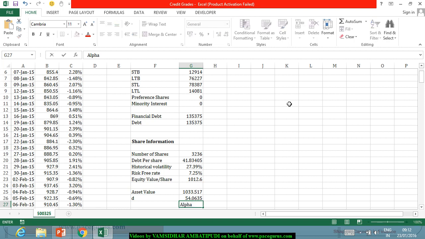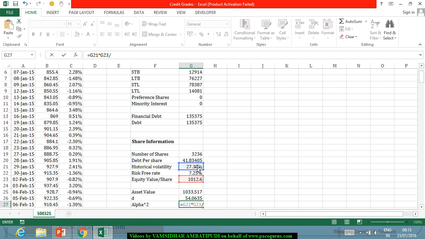Right, let's find out alpha squared as well, which comes out as the equity volatility. The equity volatility, I am taking the historical times the equity value per share, which is this one, divided by the asset value per share.